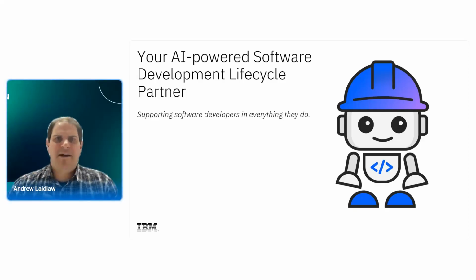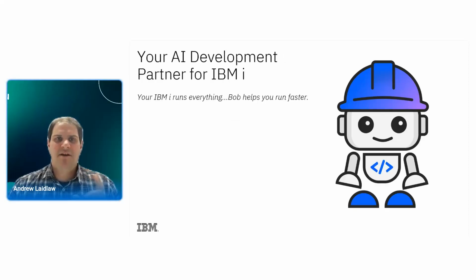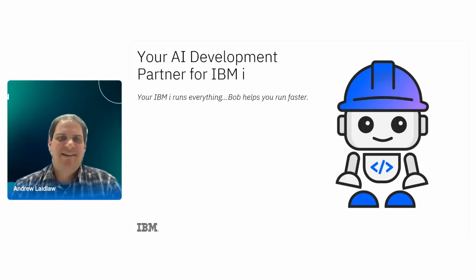But rather than talk about absolutely everything that Bob can do, I'm going to narrow it down a little bit and talk about AI development tooling for IBM I specifically. And primarily that is looking at the older legacy code, the applications that have been running your business for 10, 20, sometimes 30 years, where they're built on RPG code.